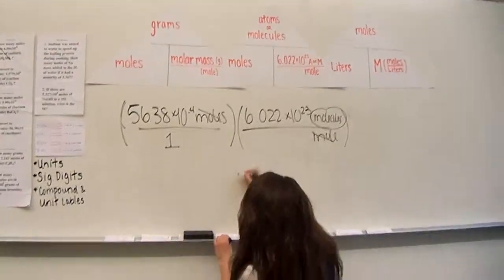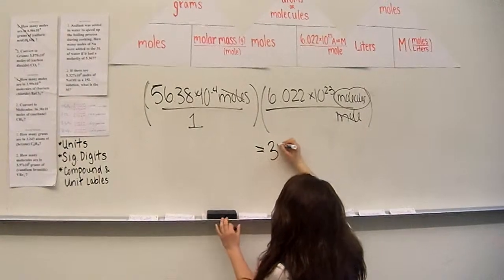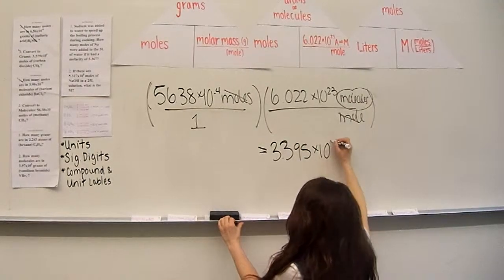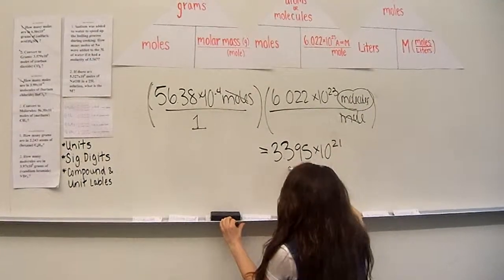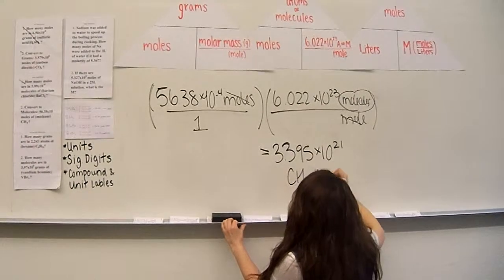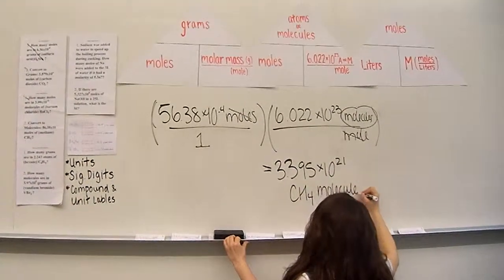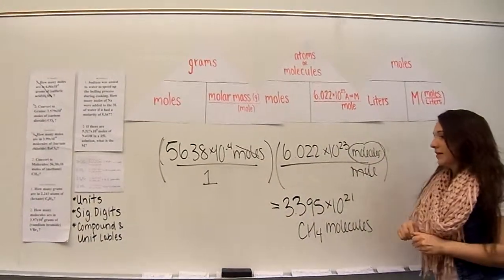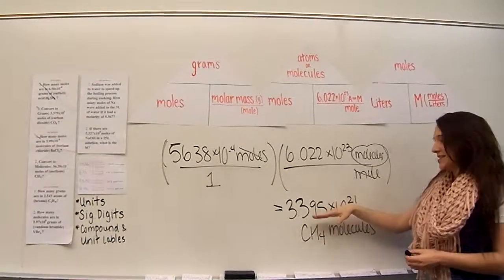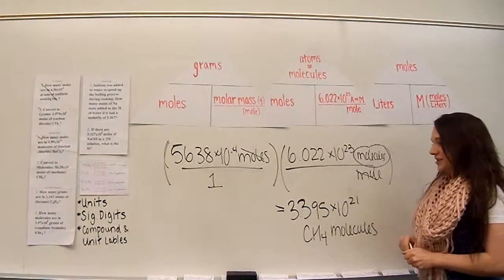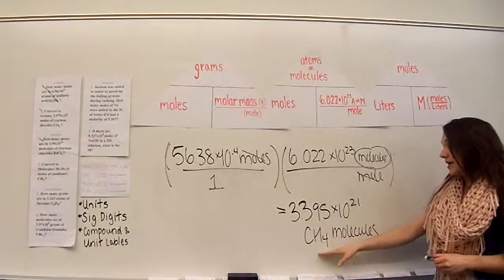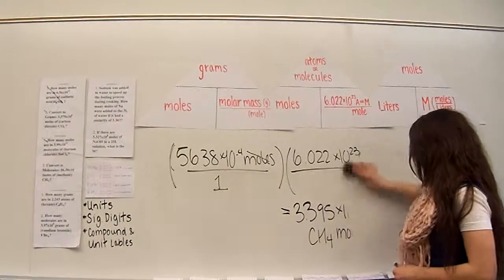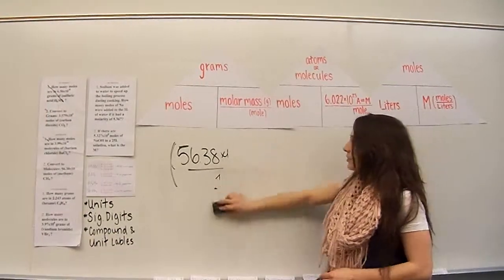Once you multiply that out, you will get 3.395 times 10 to the 21st CH4 molecules. My given has 4 significant digits, and my final answer has the same number of significant digits as my given. And then I also have my compound and the unit labeled. We will now move to the next problem.